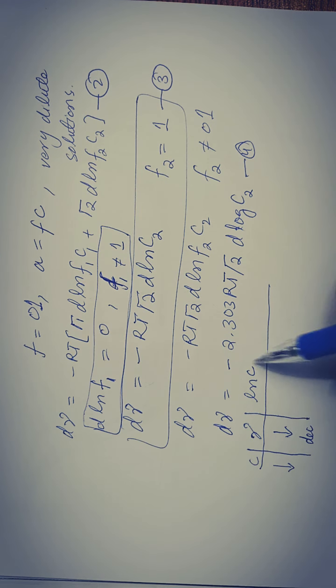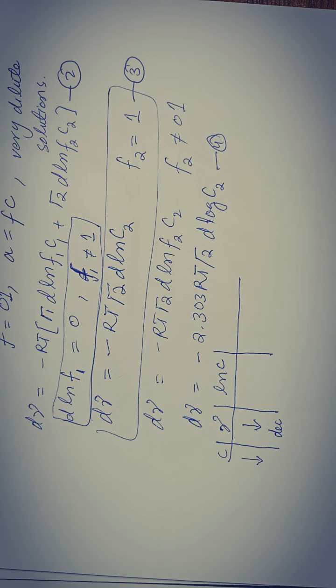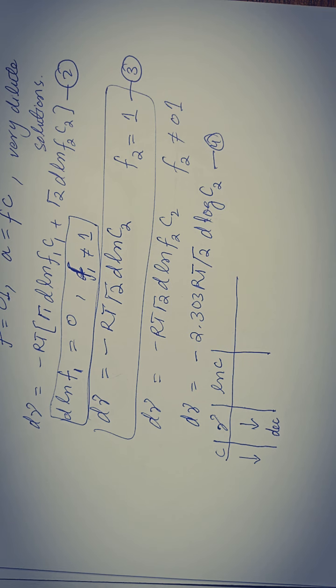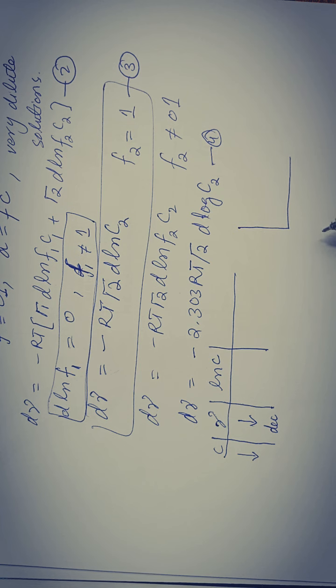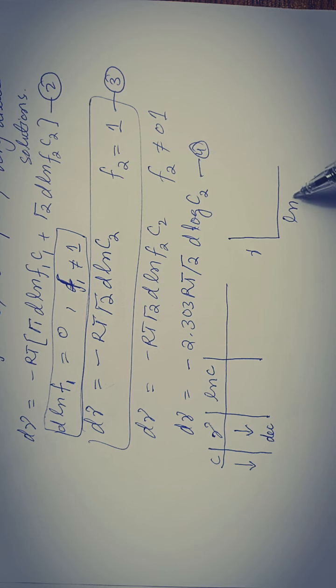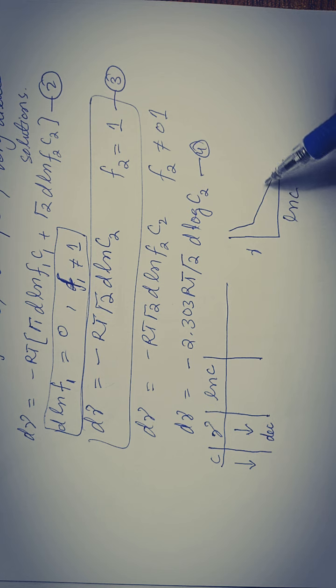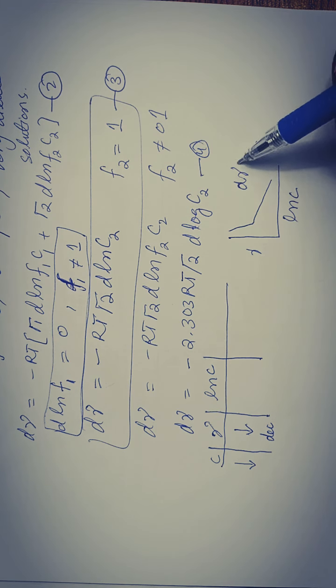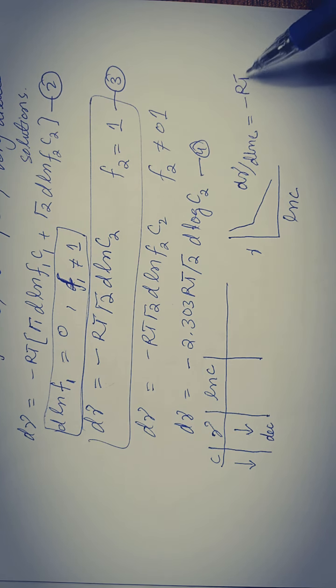Then log natural of concentration will be calculated for the respective concentrations. Using this data, the plot between the surface tension and the log natural of concentration should give this kind of pattern, and the slope must give the value of minus RT times the surface excess concentration.